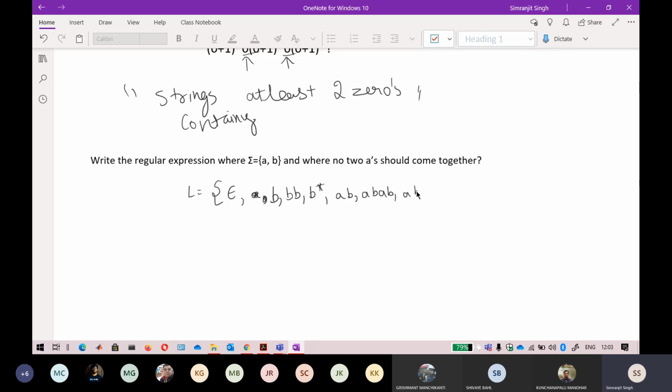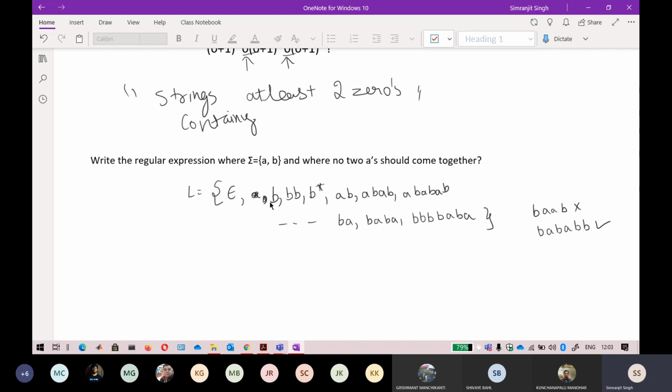AB is also possible, since no two A's are coming together. Similarly, BA can also come, and B followed by any number of BA can also come. A string like BAAB doesn't come, that is wrong, but it can come like BABABB. That is possible.